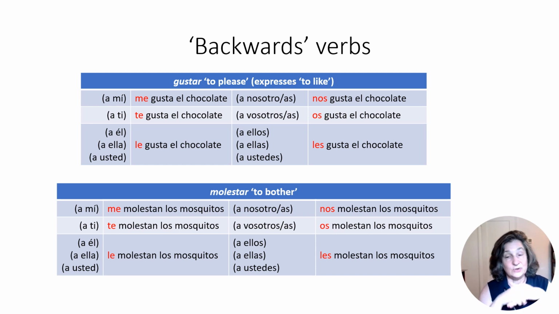So you don't use your regular pronouns like yo, you're using these pronouns, which are for indirect objects, because it's pleasing to me, to you, etc. And you can, if you want, start off with a mí, a ti, if you want to be emphatic, like a mí me gusta el chocolate.